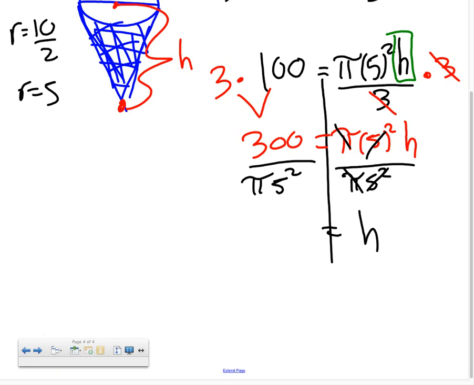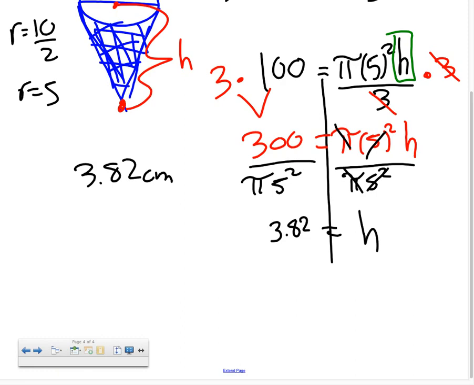Or you can do divided by 25 because that's what 5 times 5 is. So if I type that in real quick, I get a height of about 3.82. So the height of my cone, ice cream cone, would have to be 3.82 centimeters to have a volume of 100 with a 10 centimeter diameter or a 5 centimeter radius.